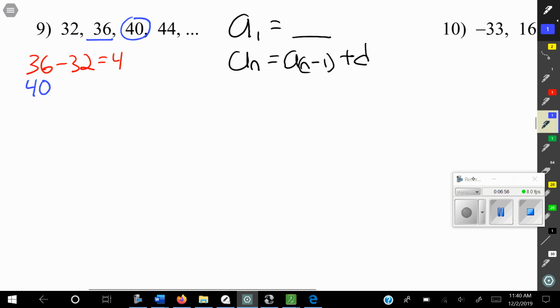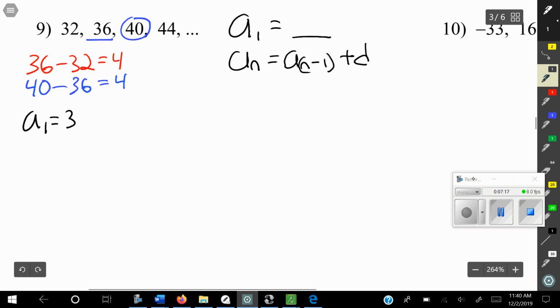So now I've got 40 minus 36, and that also equals 4. So now I'm set. All I got to do now is write the first term, which is a sub 1 is equal to 32, and then write in my common difference here. A sub n is equal to a sub n minus 1 plus 4.